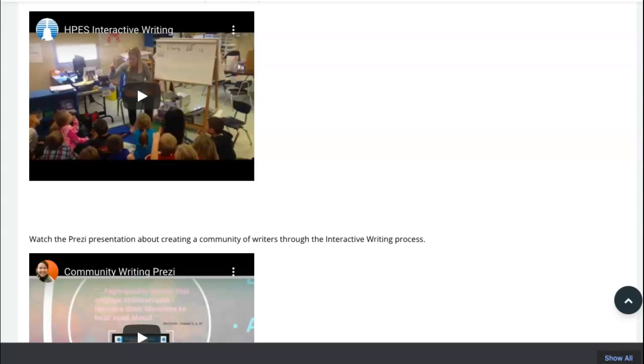Or that the teacher is drawing lines for every letter in the word. These things remove the opportunity to make the choices that maximize student learning.